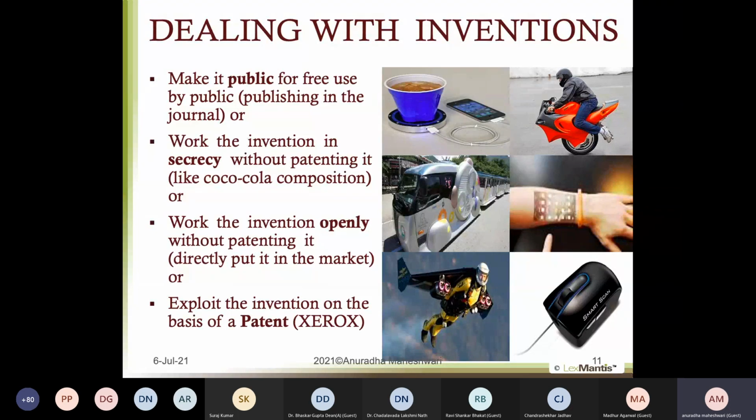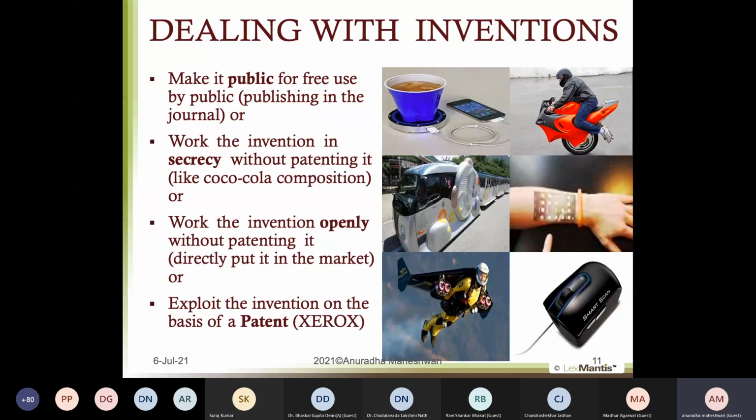Coming to the next, third thing: I work the invention openly. We have also met a lot of startups and a lot of young innovators who have made inventions but are in a great hurry to commercialize them.